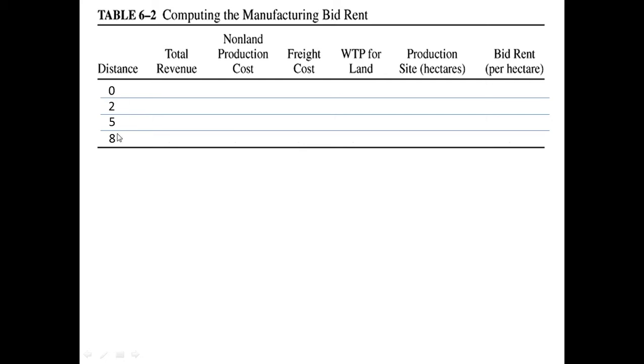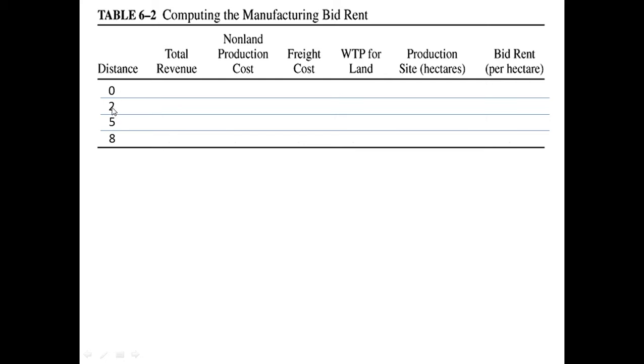The first column is distance: 0 mile, 2 miles, 5 miles, and 8 miles. 0 mile means the firm is maybe only 2 or 3 steps away, in front of the highway, that's why 0 mile.